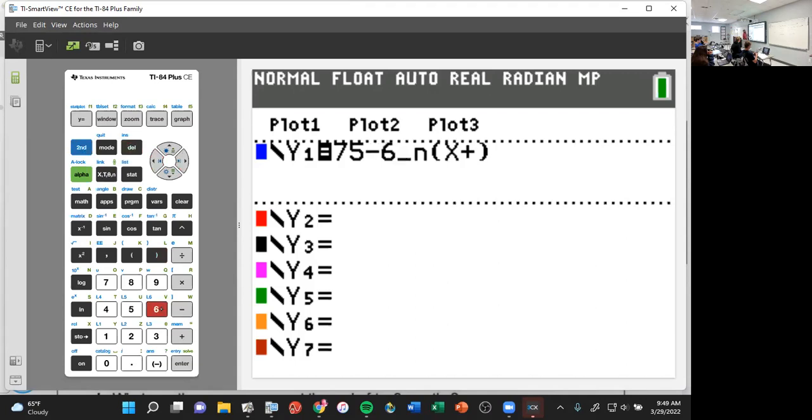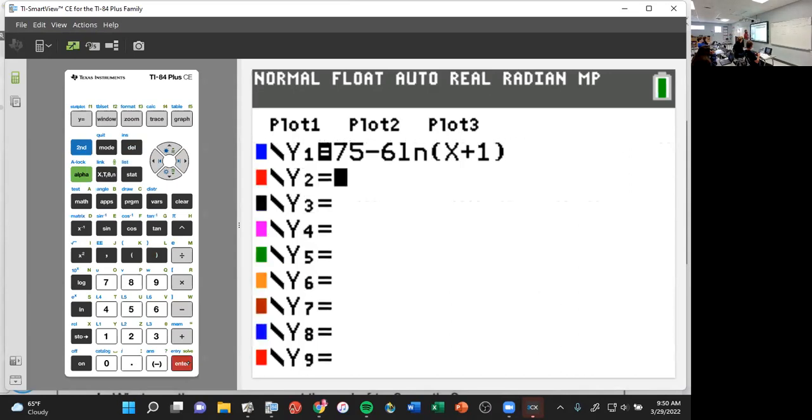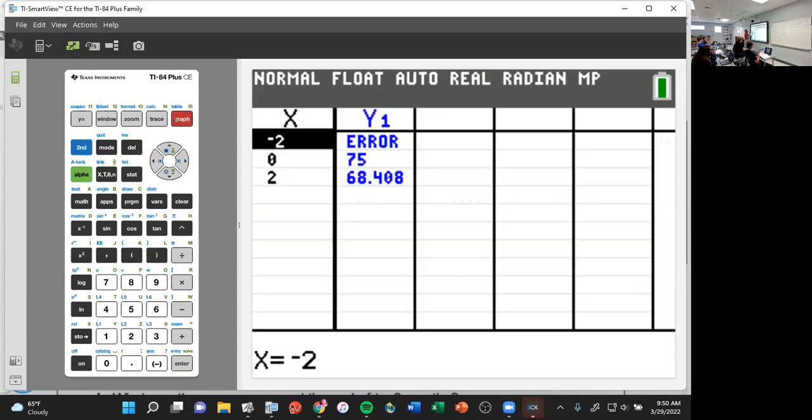Second, insert 6. There we go. So if I go to my table, and I've already got mine set to ask, if I enter 0, I get 75.